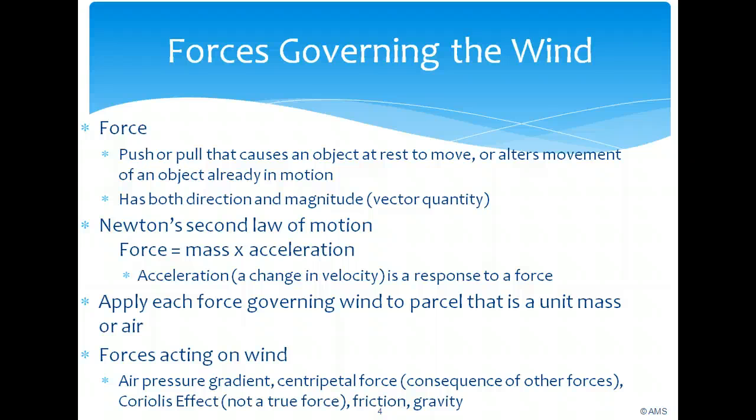We can assume that any force acting on an air parcel has the same influence on the stream of air parcels, in other words, something we call the wind. In describing each force that affects air motion, we can examine the force per unit mass of air. In meteorology, force and acceleration are terms that are often used interchangeably because it is common to treat forces as acting on a unit mass of air.